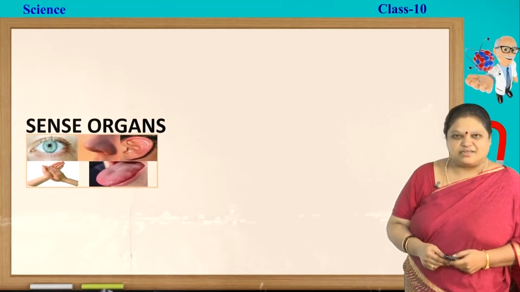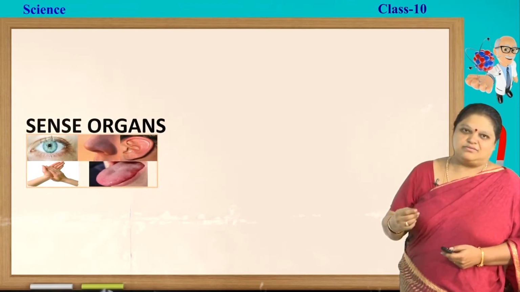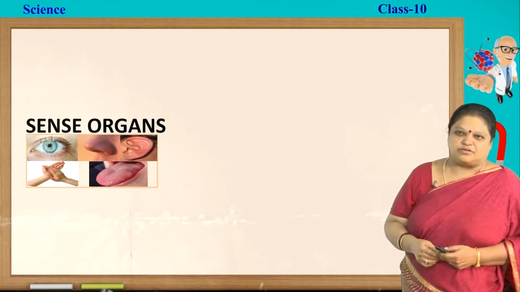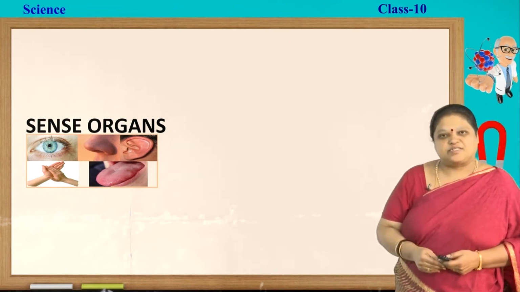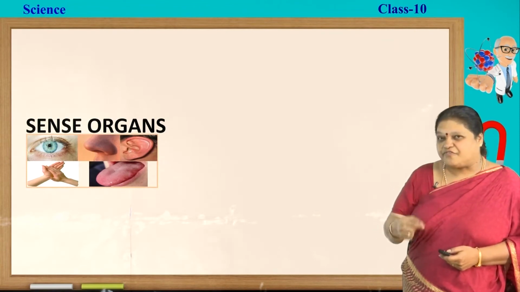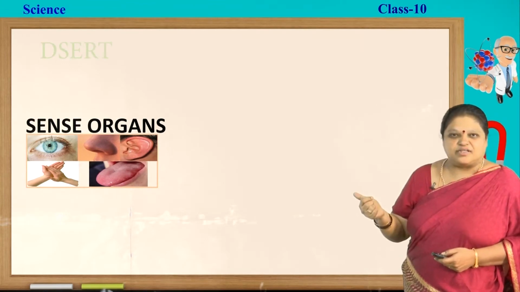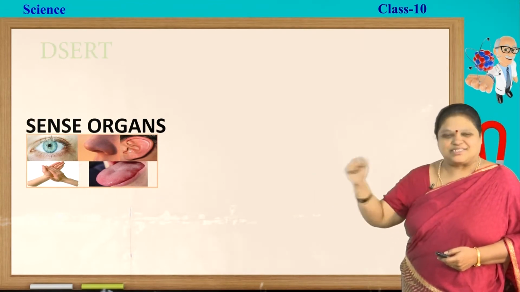Now, let us see how this coordination takes place. Whenever something is thrown at you, you immediately go back. That is because you are responding to stimuli. So, what are the different parts that help in this? First of all, the sense organs.